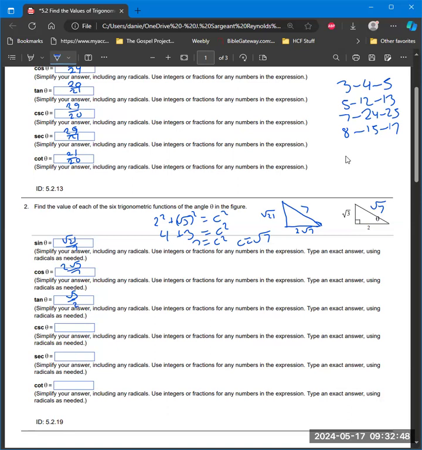Cosecant is going to be the reciprocal of sine. So that's going to be root 7 over root 3. I'm going to have to rationalize that. Times root 3 over root 3 is going to be root 21 over 3.